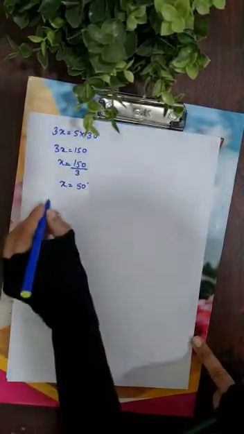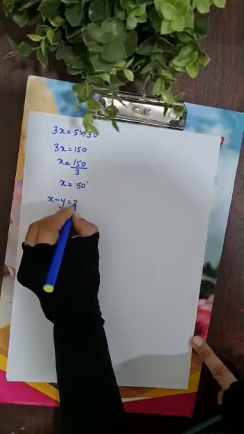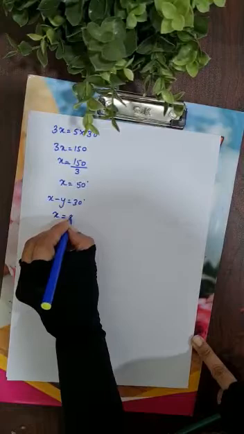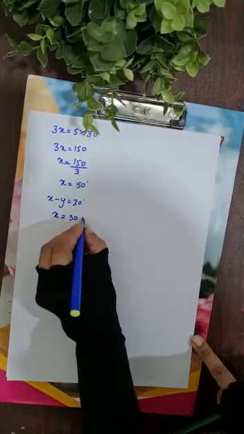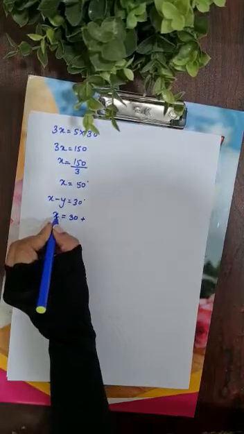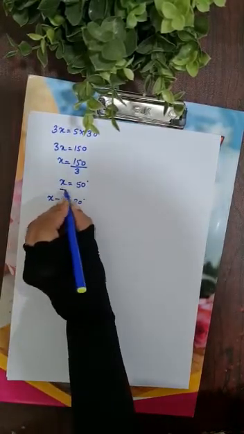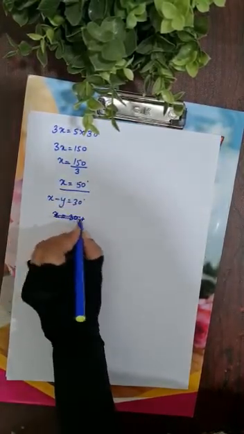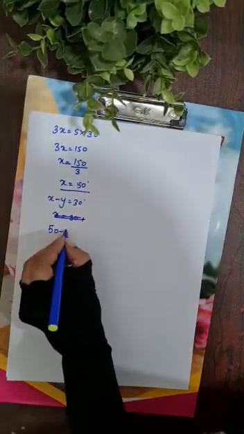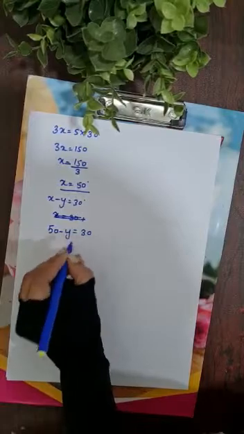And previously we have written that x minus y is equal to 30 degrees. Now we have to find the value of y. So what is x? x is 50. 50 minus y is equal to 30.